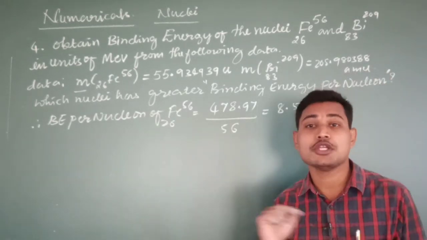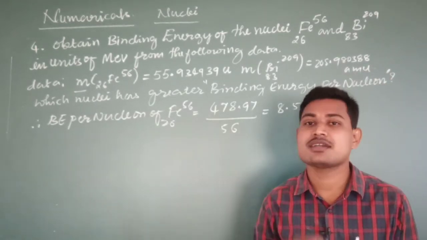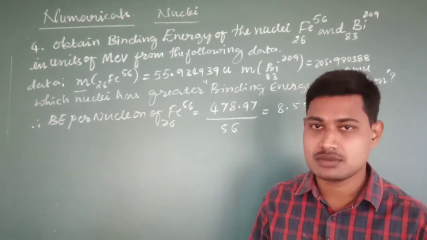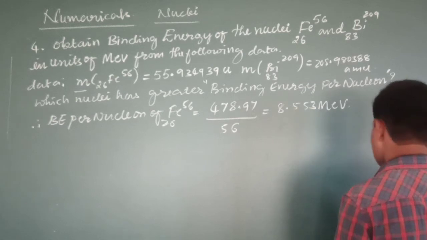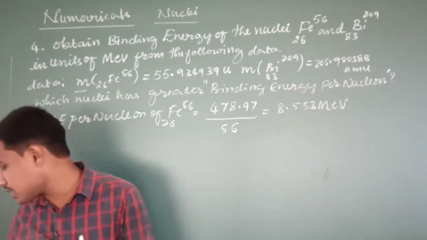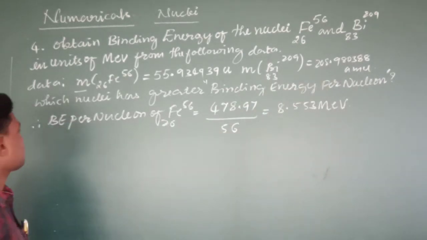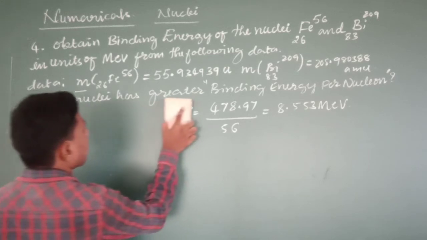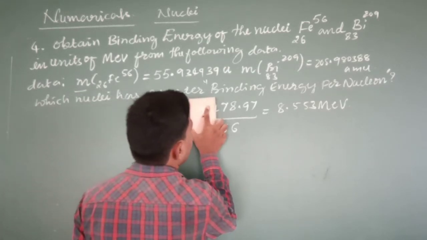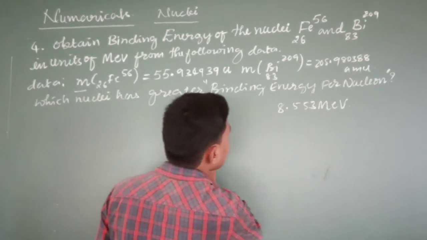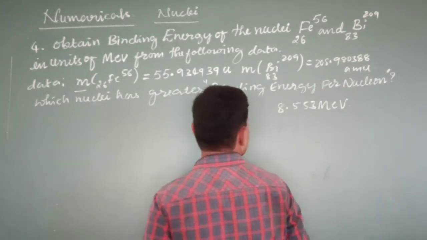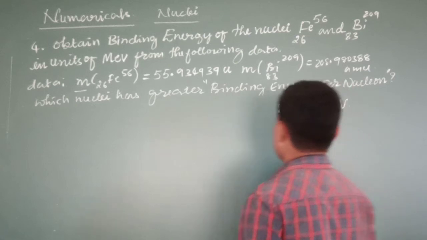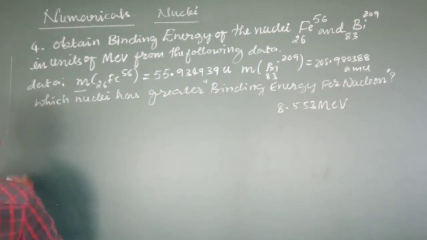So which nuclei has highest specific binding energy? Just you compare it. Okay. So next we shall take for bismuth. So binding energy per nucleon of iron, how much we got? 8.553 MeV. Okay, so binding energy for this one we got 8.553 MeV.